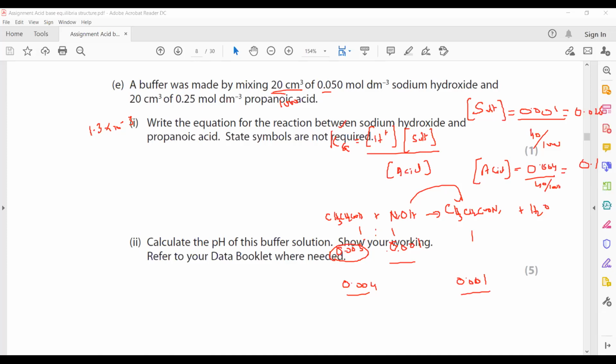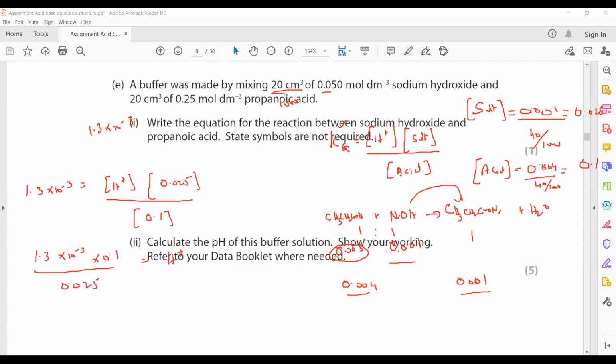So we just solve this equation to get the hydrogen ion. Ka, 1.3 times 10 to the power minus 3, is equal to the hydrogen ion concentration times the salt concentration over the acid concentration. The concentration of the salt was 0.025, and the concentration of acid was 0.1. So 1.3 times 10 to the power minus 3 multiplied by 0.1 divided by 0.025.